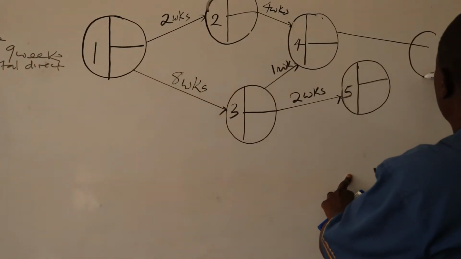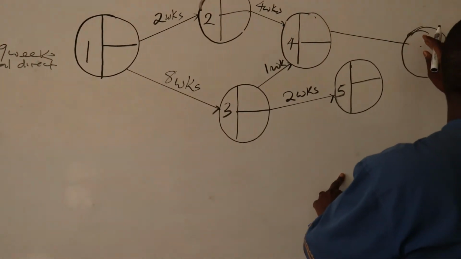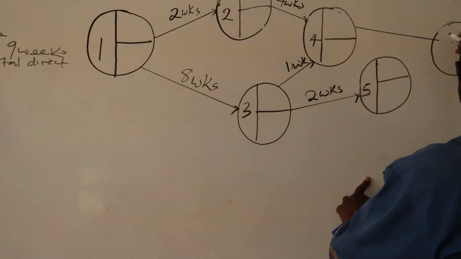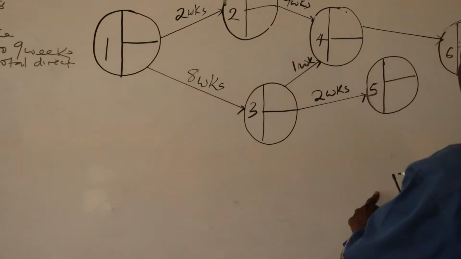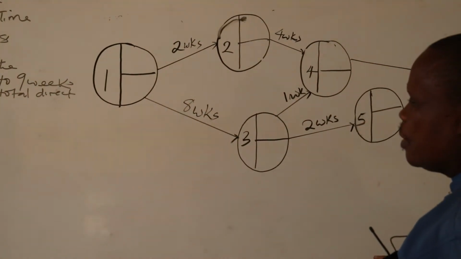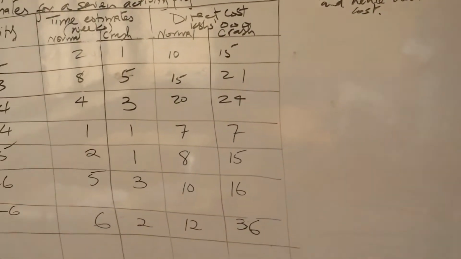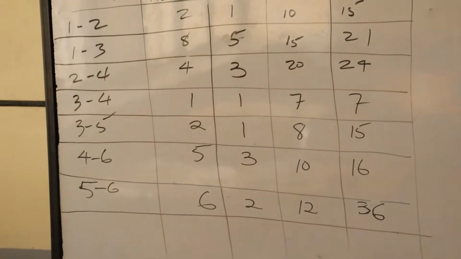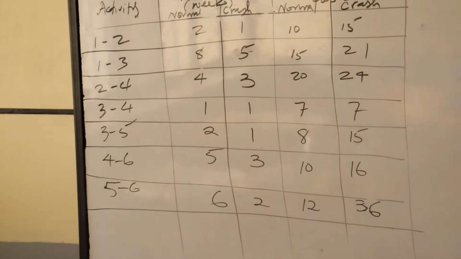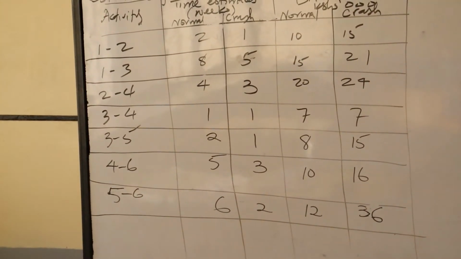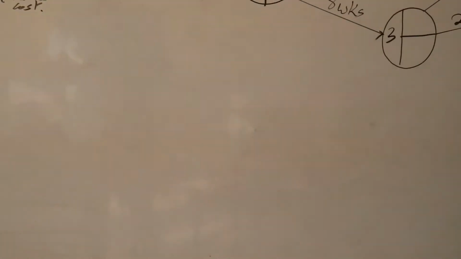This is 4 to 6. It has a normal duration of 5 weeks. Then 5 to 6 has a duration of 6 weeks.